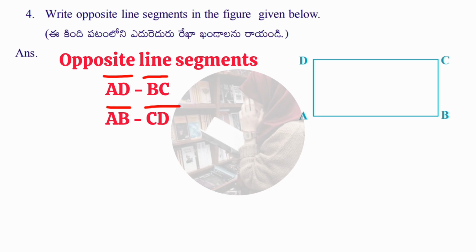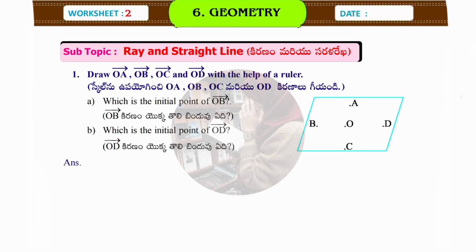Now we'll move to the next worksheet, that is worksheet number 2. Here the subtopic is ray and straight line. Okay, let's see the first question. Draw ray OA, ray OB, ray OC and ray OD with the help of a ruler. Okay guys, here one picture is given in which we have some points O, A, B, C and D. So what we have to do is draw the rays first, according to the question.